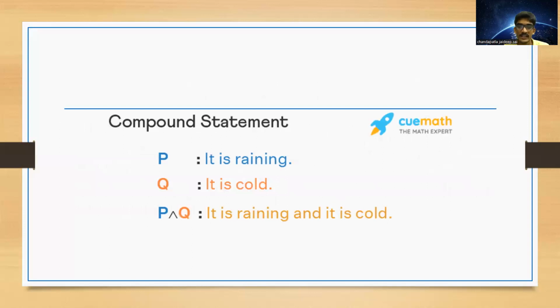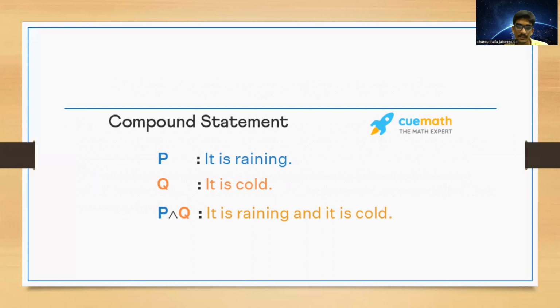So here we have an example of a compound statement. The P statement is it is raining, and the Q statement is it is cold. The compound statement for P and Q is it is raining and it is cold.